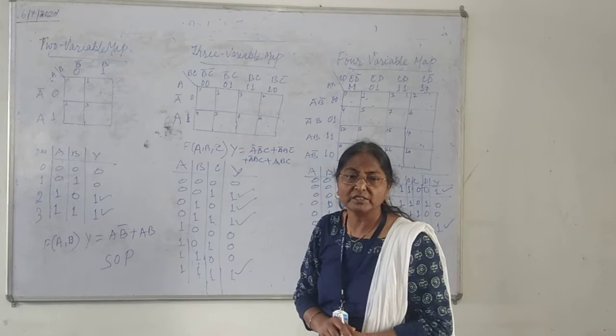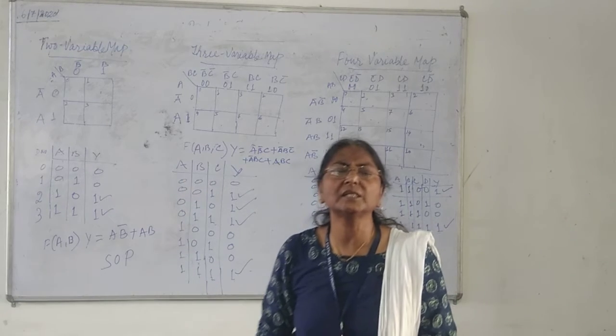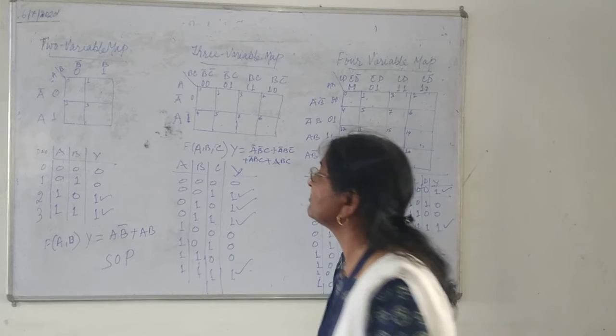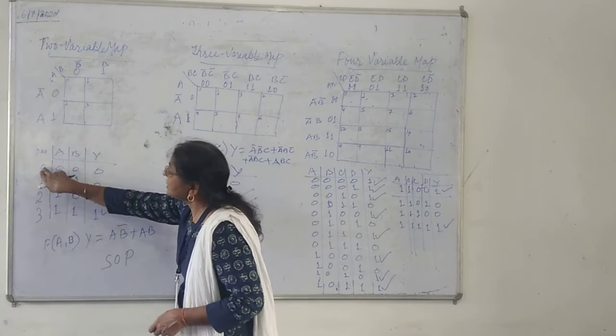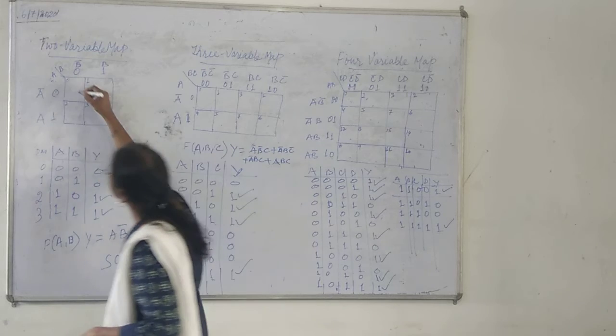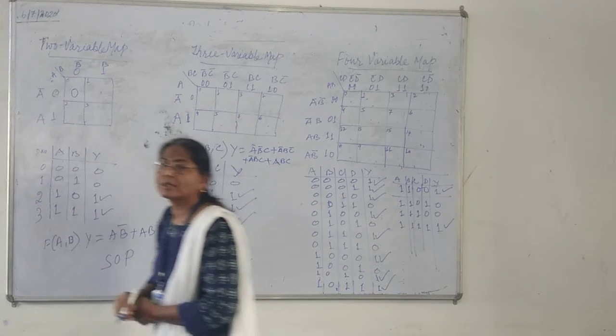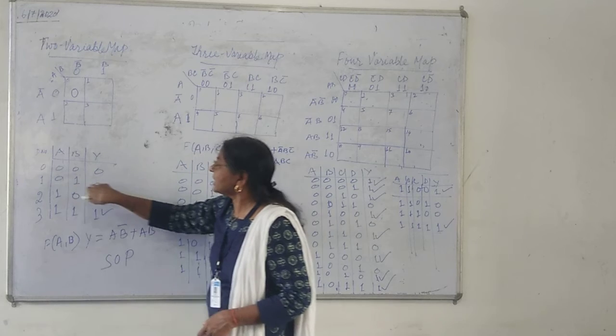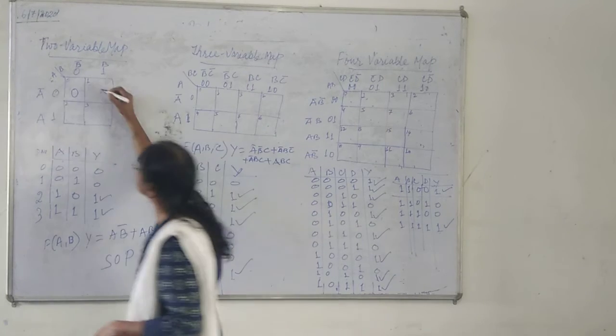Or you can say it is just a serial number, given in decimal form. For the serial number 0, the output is 0, so here I can write 0. And for 1, the output is also 0, so here I can again write 0.